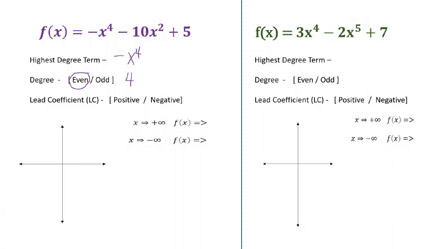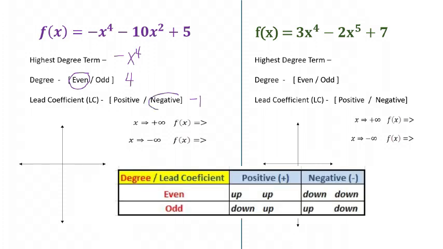Our leading coefficient, even though there's not a 1 there, is negative 1, so our leading coefficient is negative. When you have an even degree and a negative coefficient, your end behavior is going to be down on the left side and also down on the right side.